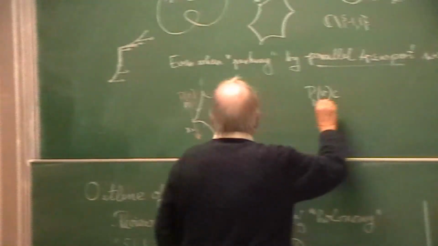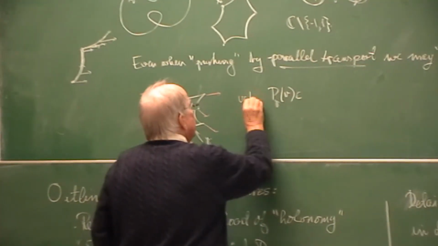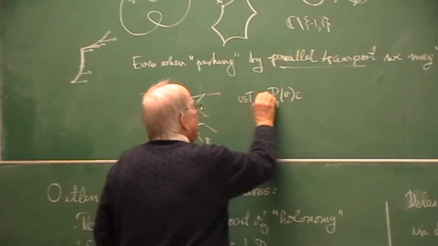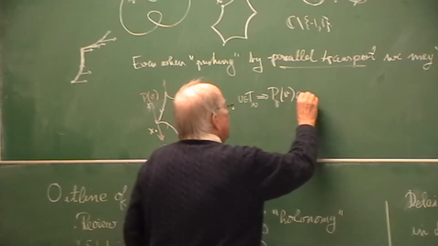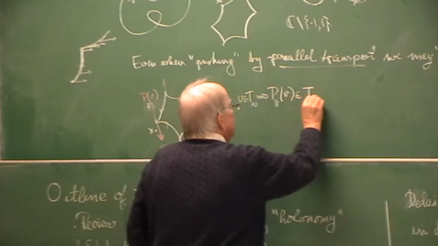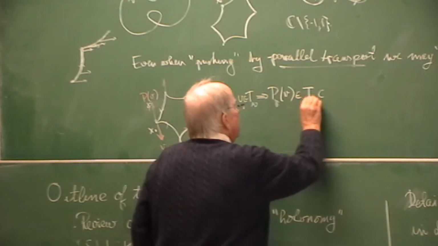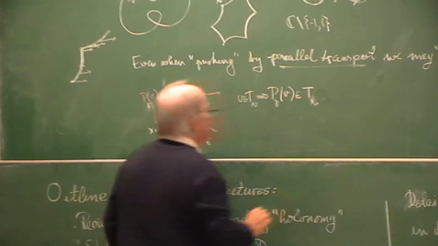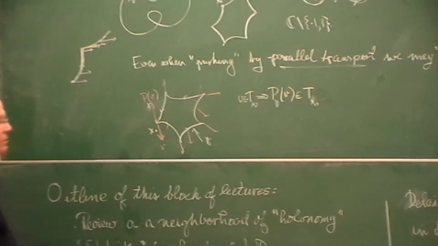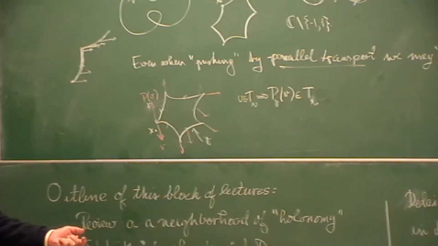We take v in the tangent space at the base point, and then P of gamma of v is also in the tangent space at the base point. Tangent vector at the base point, push it with parallel transport, that means you have a connection, otherwise you couldn't do it. Push it with parallel transport, you go around, come back around, you get something else.